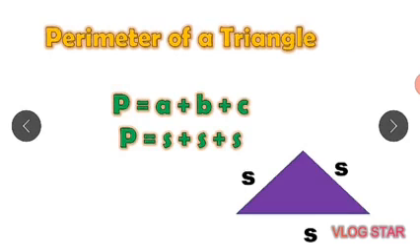Next is perimeter of a triangle. The same again, just add the measurement of each side. You can use a plus b plus c, or s1 plus s2 plus s3. That is the formula for the perimeter of a triangle.